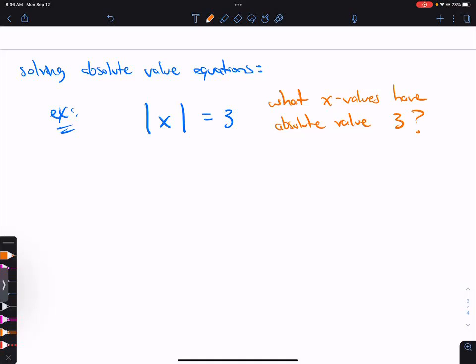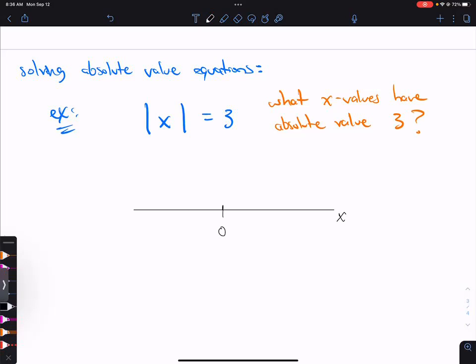That's because it's measuring how far from 0 you are. So if we're thinking about this as a number line, there's the x-axis, 0 in the middle. What number or numbers are 3 units away from 0?